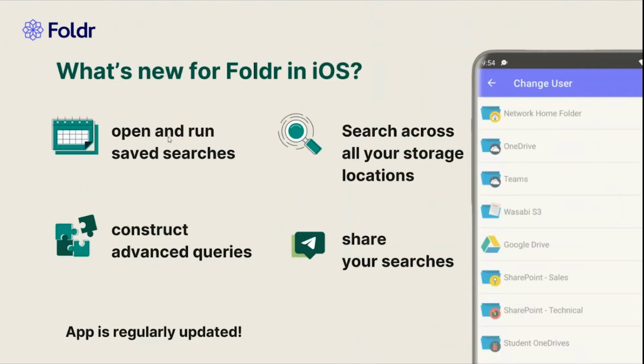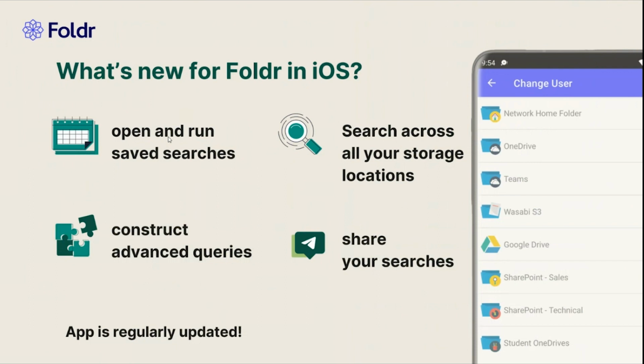The latest app allows you to open and run saved searches from the palm of your hand via your mobile device. Now, the clocks may have recently gone back, but search in Foldr has taken a great leap forward. As the guys at Foldr would say, everything has had a bit of a file zen makeover. The amazing developers have integrated the same advanced search tools you'll find in Foldr on the web into the mobile apps.